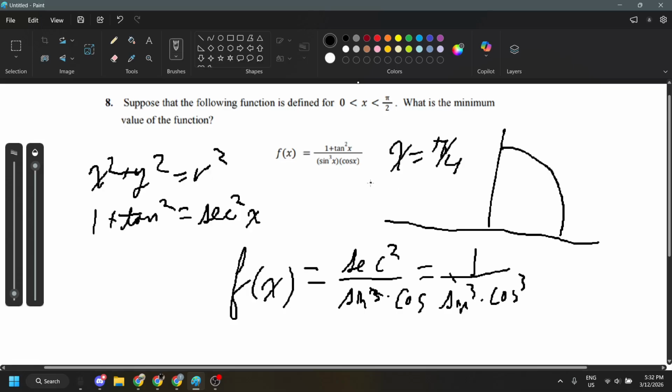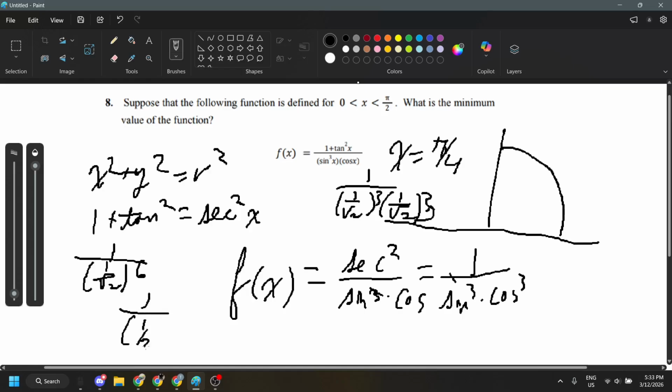So if we try this, we get 1 over root 2 cubed times 1 over root 2 cubed. Adding them, we get 1 over 1 over root 2 to the 6th, which is 1 over 1/2 to the 3, which is equal to 8.